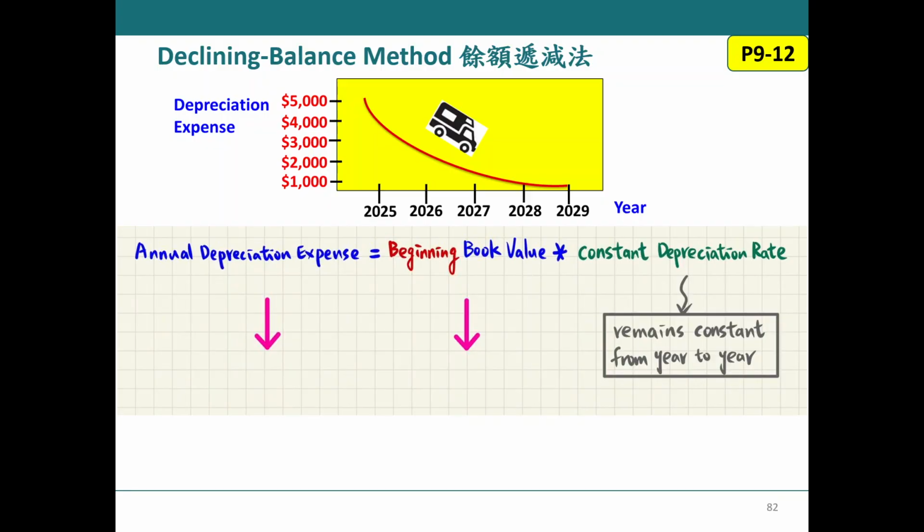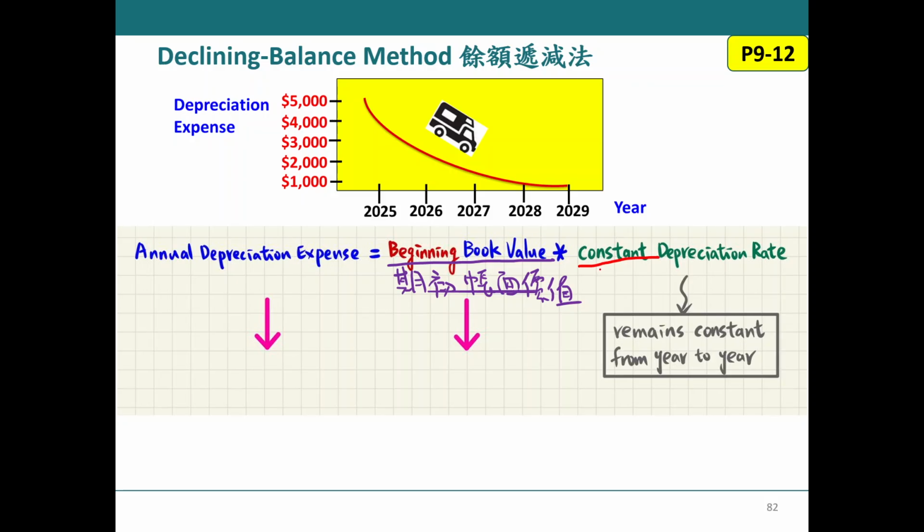Beginning book value times constant depreciation rate. Beginning book value, 起初账面价值. We use the number beginning book value times what?